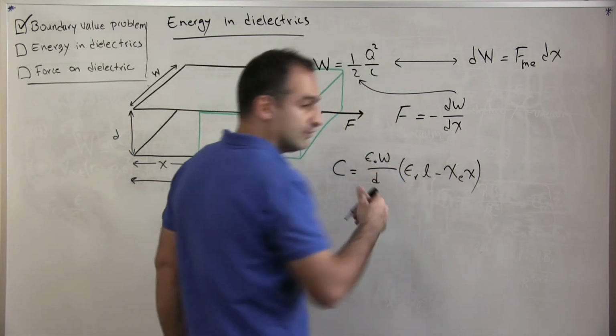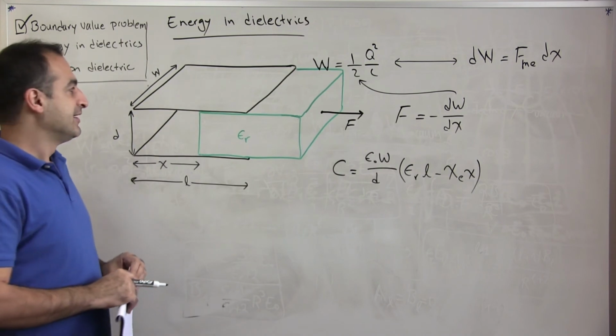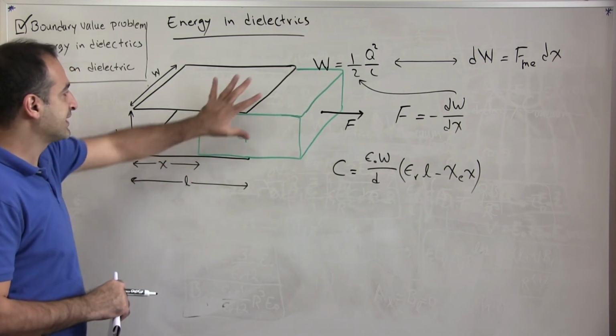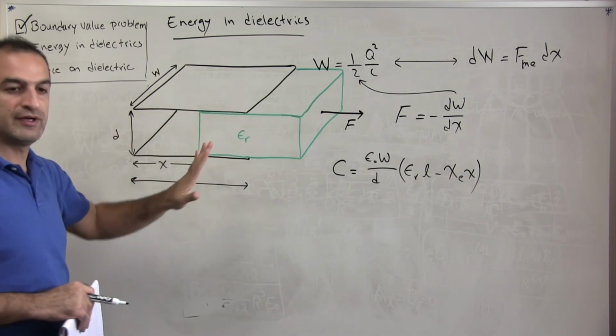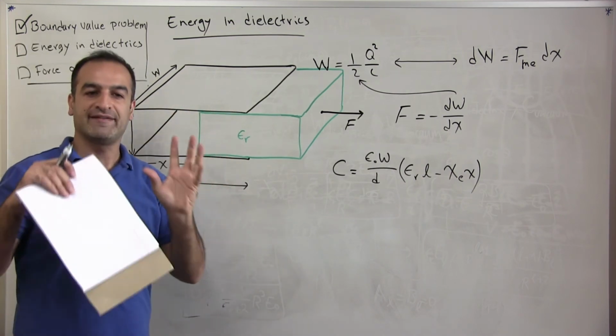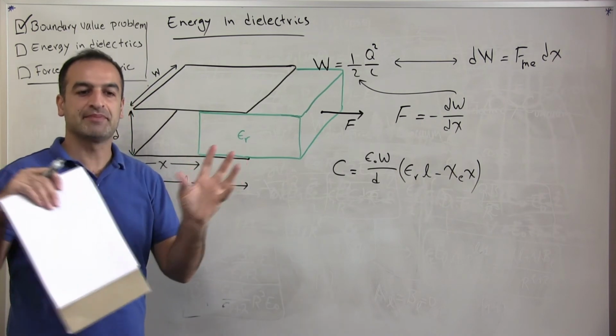Basically what you want to do for that problem is that if you have a capacitor in this sort of configuration, half vacuum, half dielectric, you want to consider you have actually two capacitors in parallel.